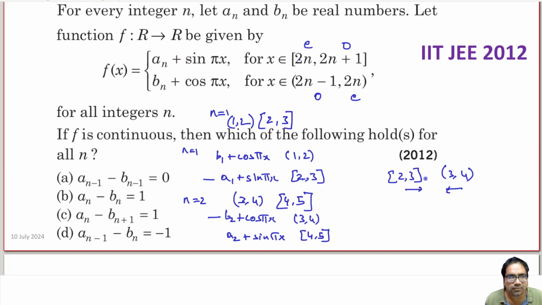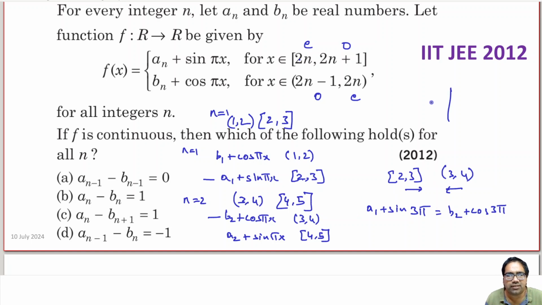We are approaching 3 from the left hand side with this one. Basically what we are saying is a1 plus sine 3 pi should be equal to b2 plus cos 3 pi.